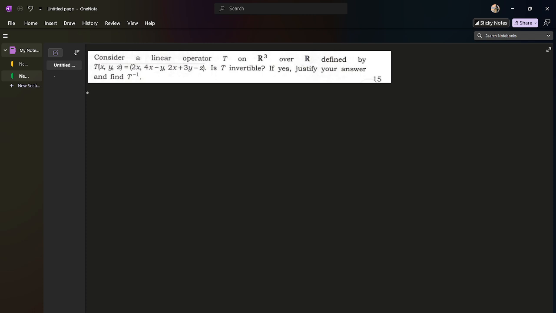So the given linear operator is T(x,y,z) equals (2x, 4x minus y, 2x plus 3y minus z). Let's express T in matrix form.